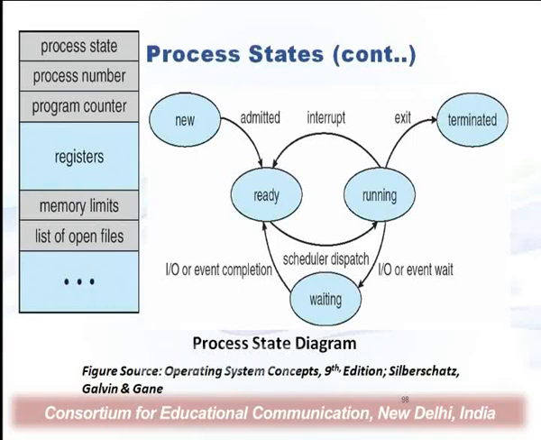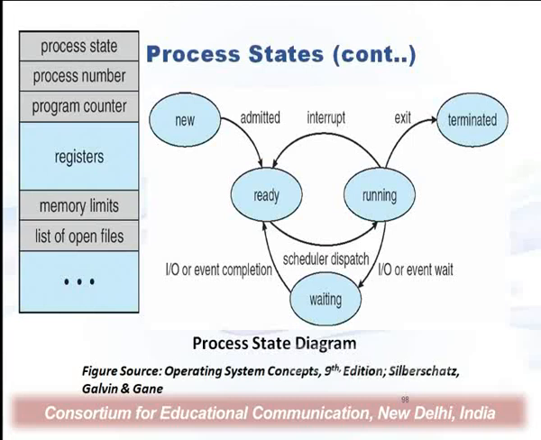So there will be a queue of all the processes which are in the ready state, which are ready to execute. Now the particular CPU scheduling algorithm defined for that operating system will decide which process out of the ready queue would be picked up for the processor to execute.